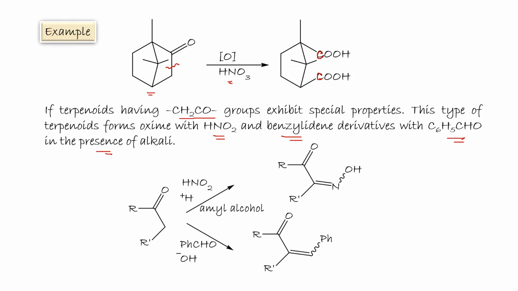So this function, CH2C double bond O, with nitrous acid and amyl nitrite will form the oxime on the alpha hydrogen. The same carbon, the alpha hydrogens here, with benzaldehyde in the presence of base, will form C double bond C. Okay, and react with this carbon.